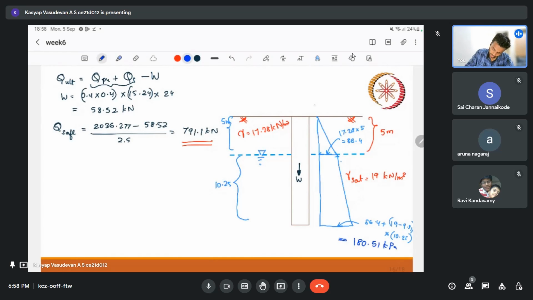So we are starting with 0. At the water table level we have 86.4 kPa. At the base we have 180.51. Why is 180.51 required? We require it for that first term, the bearing term, and we require the whole vertical distribution for our shearing resistance, right? Having said that, let us first find this QU for part 2.